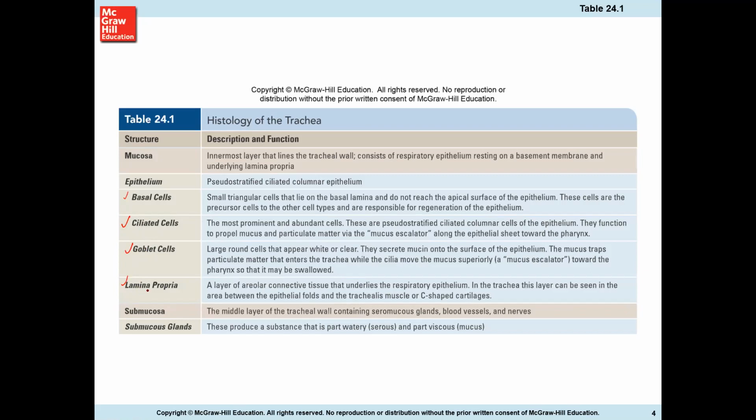Submucosa, and also the lamina propria could have part of the cartilage in there too as well, and the submucosa and submucous glands. So a lot of mucus, right? Mucin is the precursor to the mucus that's produced, and that's a protective mechanism, bringing mucus into the lumen of these areas.